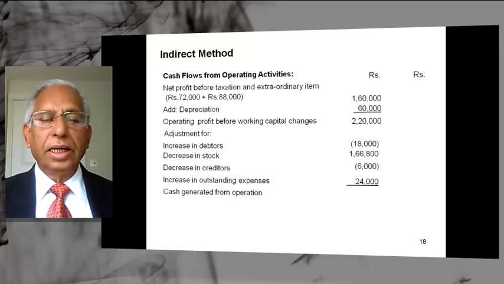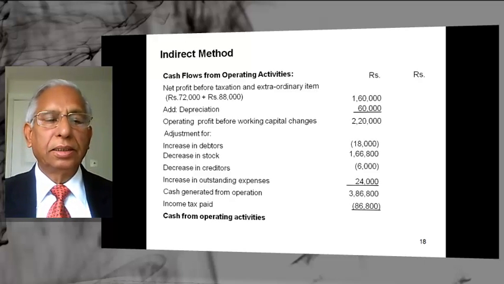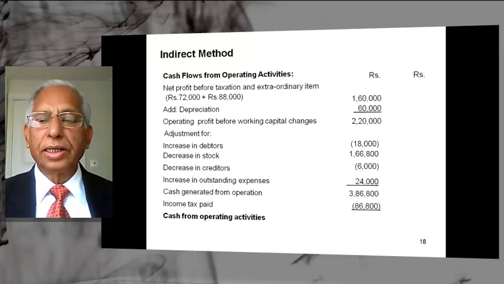So cash generated from operations 3,86,800. From this you deduct income tax paid 86,800. Now last item is cash from operating activities, rupees 3 lakh.